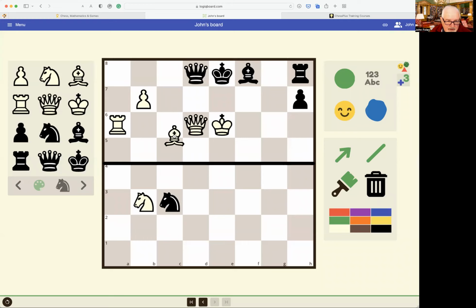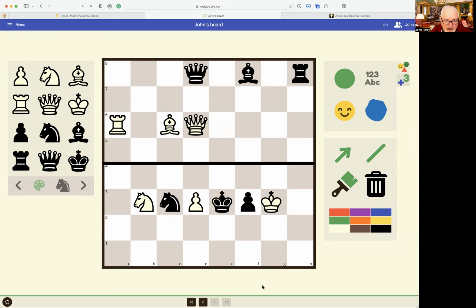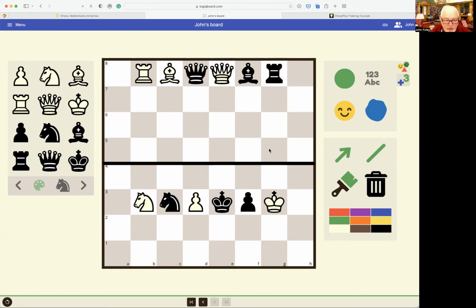We could put the long distance pieces and the short distance pieces together as well. And these would be our long distance pieces. So I think this sort of thing is helpful if you wanted to talk through very quickly and show which pieces that you're talking about. So this is an instance of using the Logiqboard.